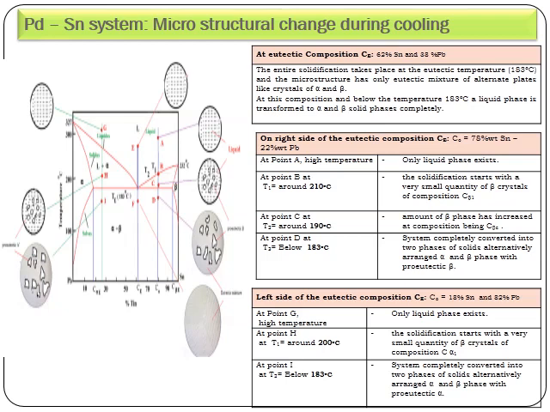Now let us consider the situation in this composition at the high temperature at point A. At point A, we can observe only the liquid phase is present, that is represented in the diagram at the right extreme.